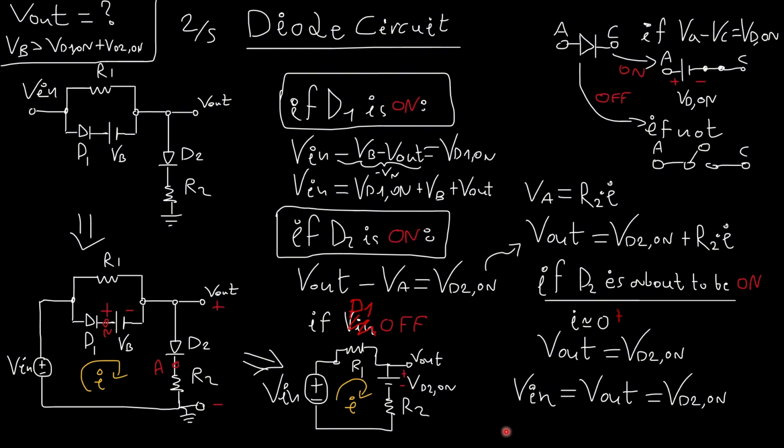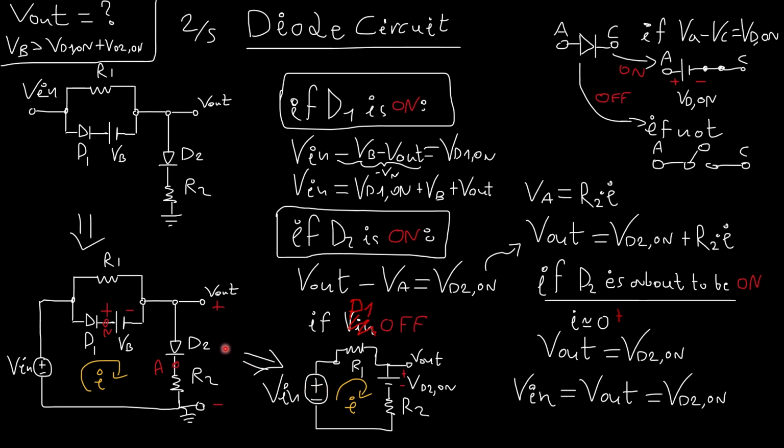Alright? What I understand from this analysis is that in the beginning, if the input voltage is very small, both of these diodes must be off. When the input voltage is large enough, by this value VD2 on, D2 will be on first.